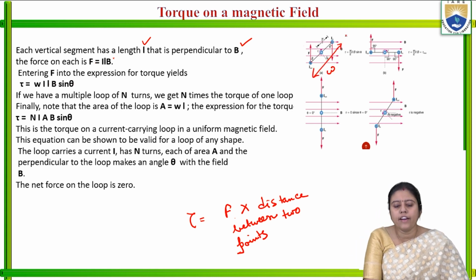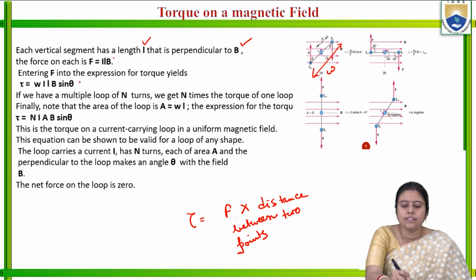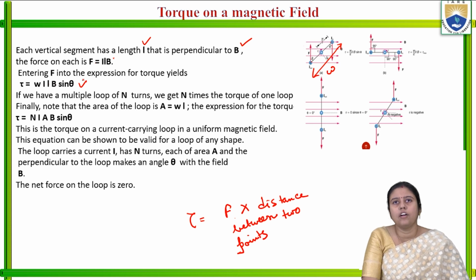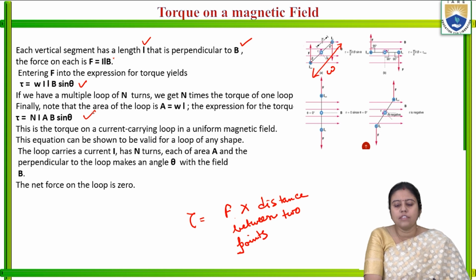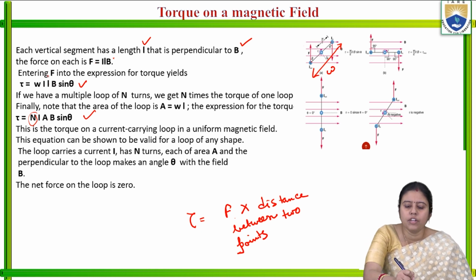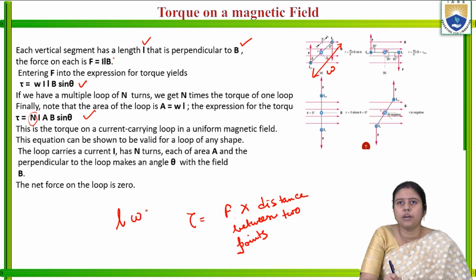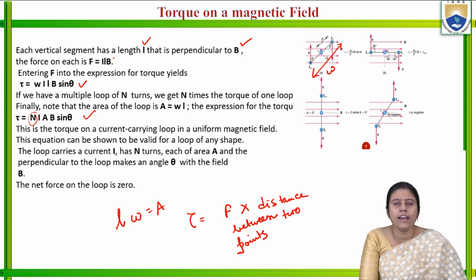So we can write torque is equal to NILWB sin theta. So torque is equal to NIAB sin theta. If the number of turns is N, then N I A, because L into W is nothing but the cross sectional area A. N I A B sin theta.